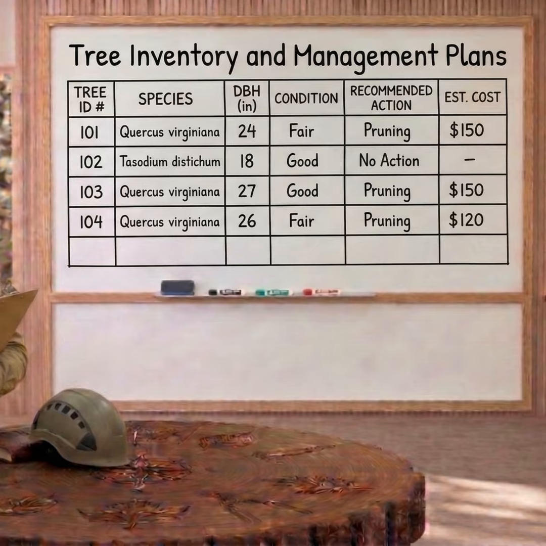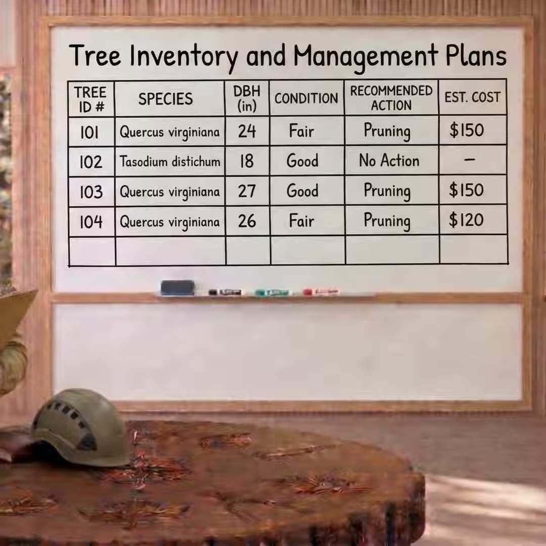A tree inventory is a systematic collection of information about trees within a defined area. That could be a city park system, a university campus, a utility corridor, or an entire municipality. Arborists record information such as species, condition, diameter at breast height, commonly abbreviated as DBH, location, risk level, and maintenance needs.